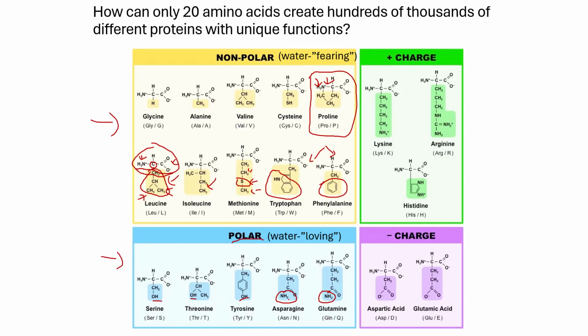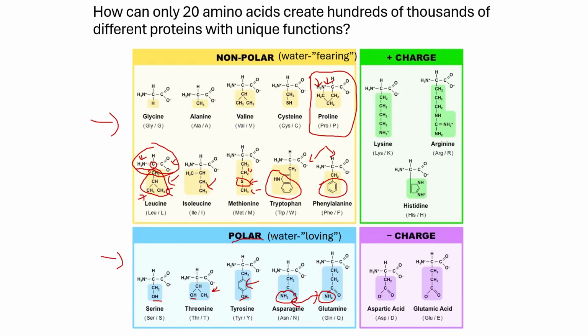Again, some of them have rings like tyrosine. You also have threonine, which has this bifurcated structure, and then asparagine and glutamine having these amide groups at the end of their terminal carbon.